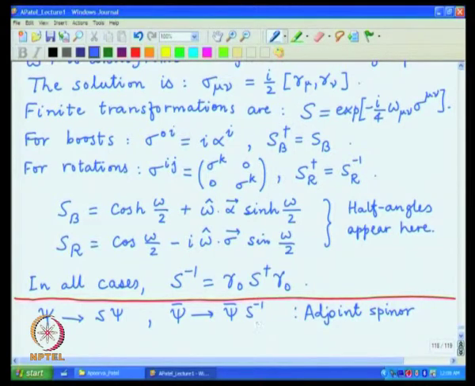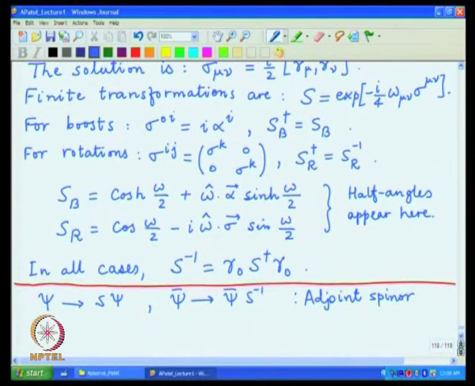Now, the Hermitian conjugate of psi actually does not obey this property, because the matrix S is not always unitary, but we saw how to find an inverse of S by taking the Hermitian conjugate of S, but adding extra factors of gamma 0, and that allows us to see the solution of this particular result, that then we can choose psi bar is equal to psi dagger times gamma 0.